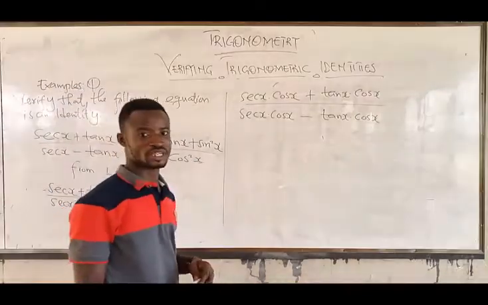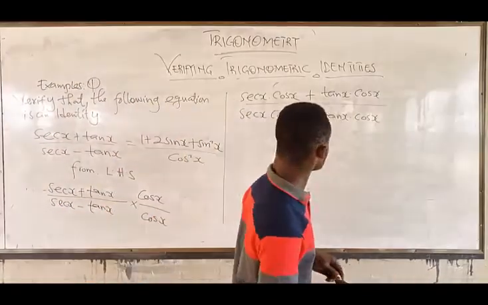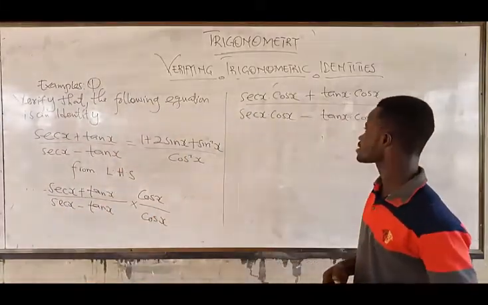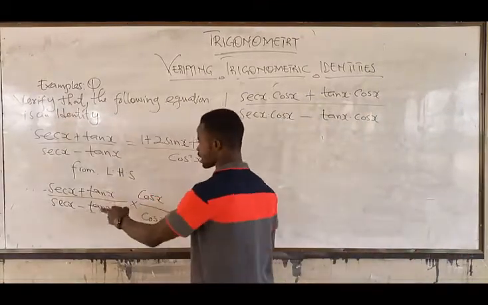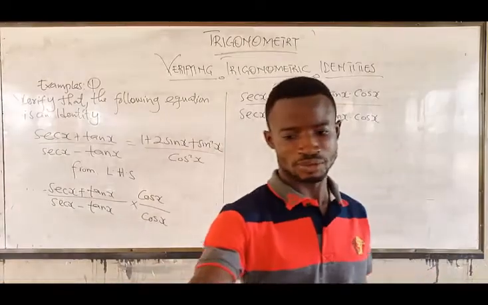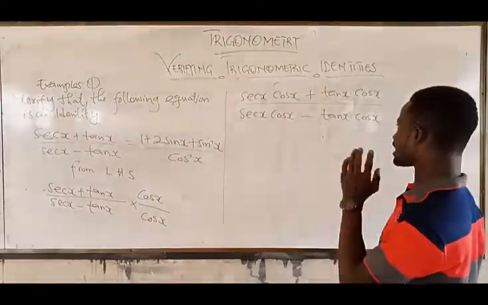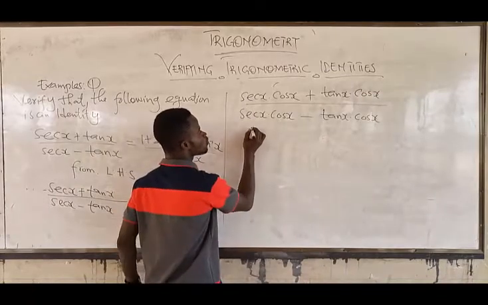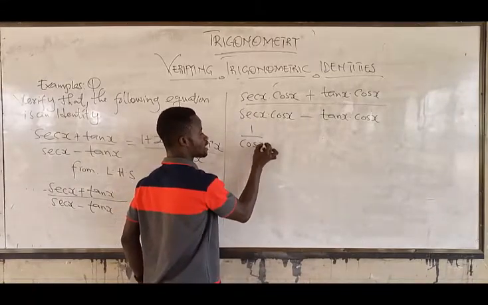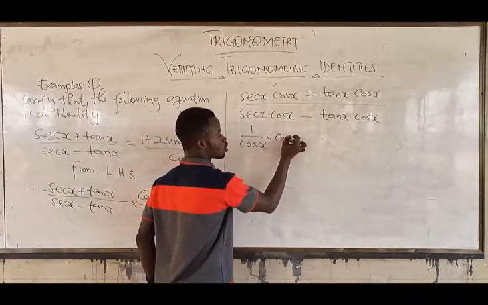That's exactly what we have. Now what is the next thing to do? Multiply each term. Now we can see clearly that this will be 1 over cos x times cos x plus sin x over cos x times cos x, all over 1 over cos x times cos x minus sin x over cos x times cos x.